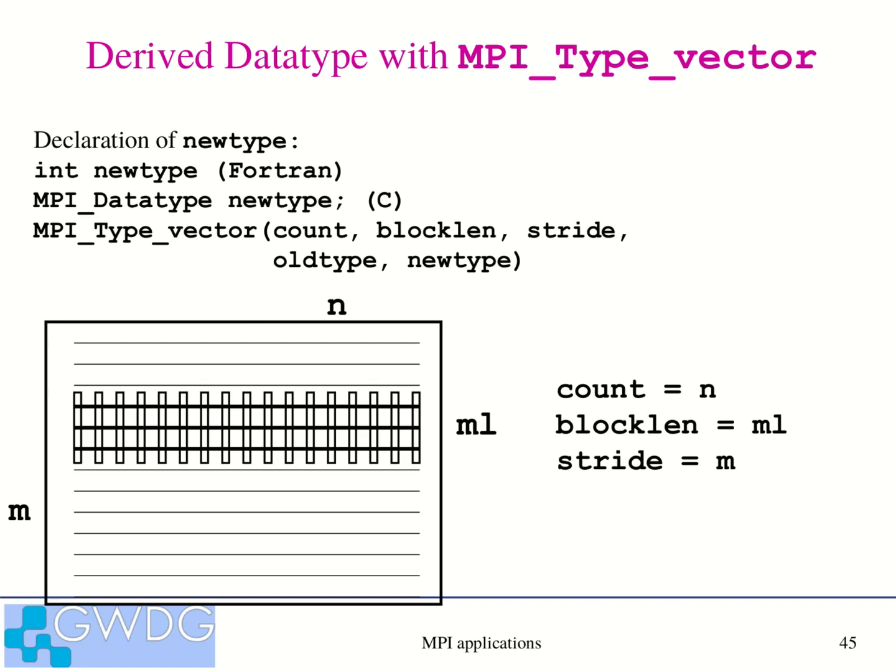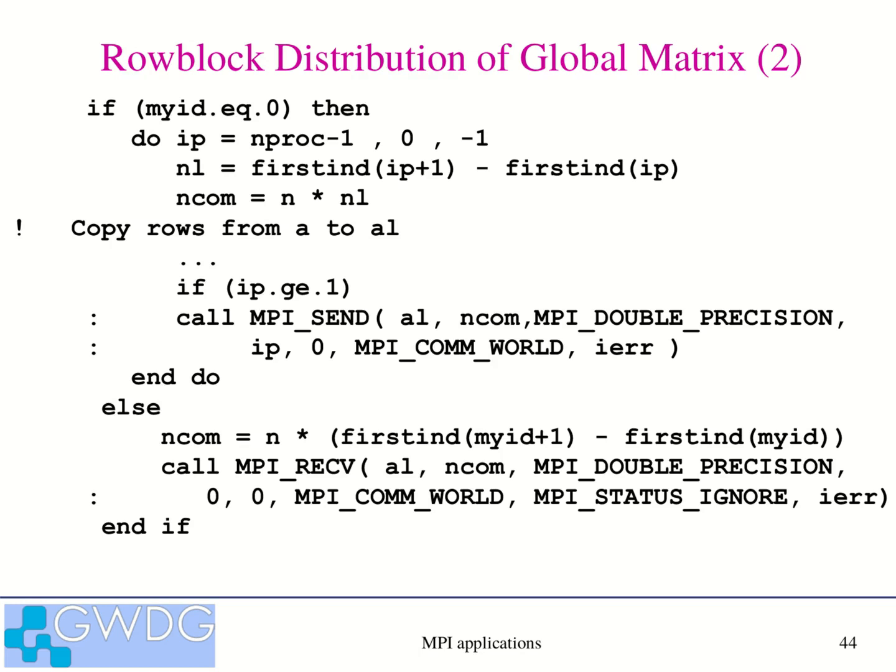Now it's rather cumbersome to do this two-step way of distributing the row blocks. In the first step, you have to collect and compress the elements into a contiguous space, and then you can send this data from this new space to all the processes.